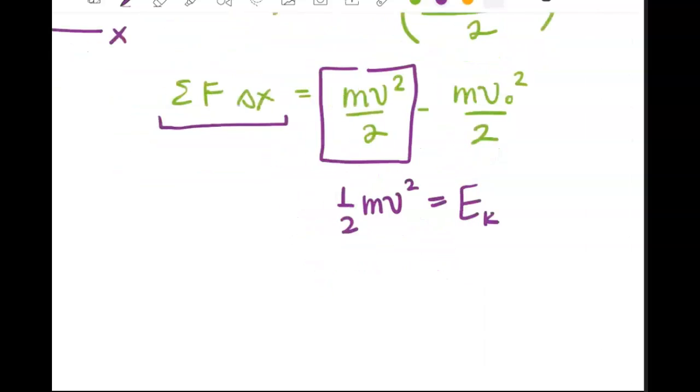And that thing that you're doing by applying the force through the change in position, we call that the work. So work is what we are doing when there's a net force applied to an object through the distance. And that force has to be parallel to the change in position. So that work changes the energy.